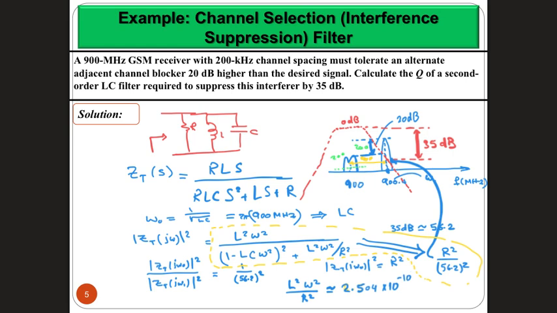Hence, I can find my quality factor, which is simply R over L omega for this circuit. The quality factor is defined as R over L omega. This is basically the square root of the inverse of this number, so it's going to be approximately 63,200, which is a very high quality factor.